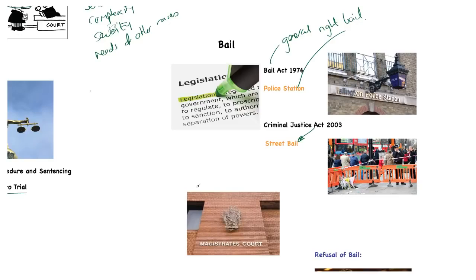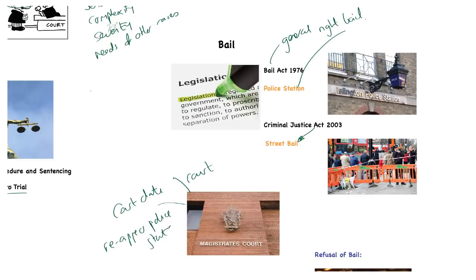But generally, court bail is given through the magistrates' court. And if that's granted, the defendant is released from custody until their court date or until they're asked to reappear at a police station.